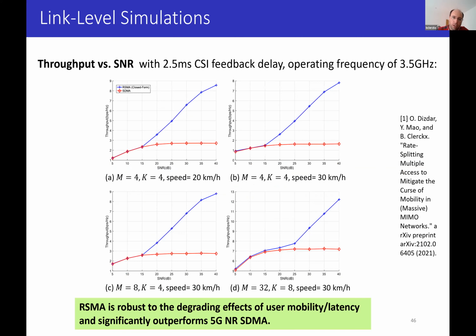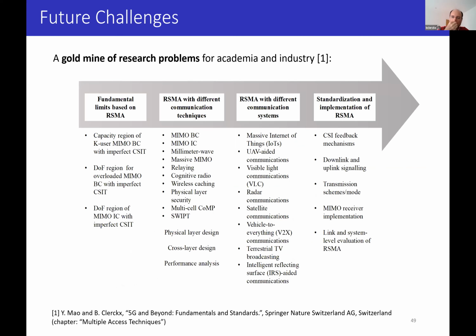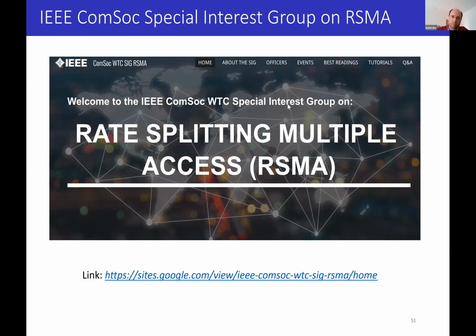Right. So here, essentially, for each of those items, you have problems. If you look at the web page, we discussed in the best reading the application of rate splitting in many different scenarios. If you look at the expanded tutorial, you have this as well.